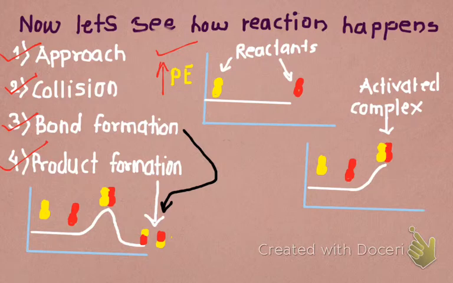So the two reactants are coming towards each other and they collide, and there is formation of complex, and after that the product formation will occur.